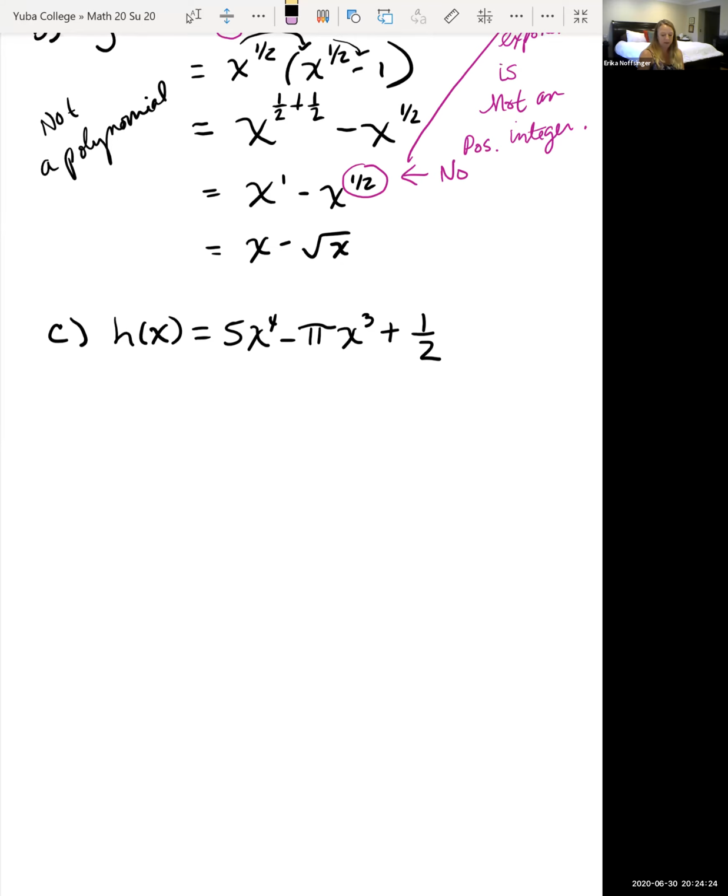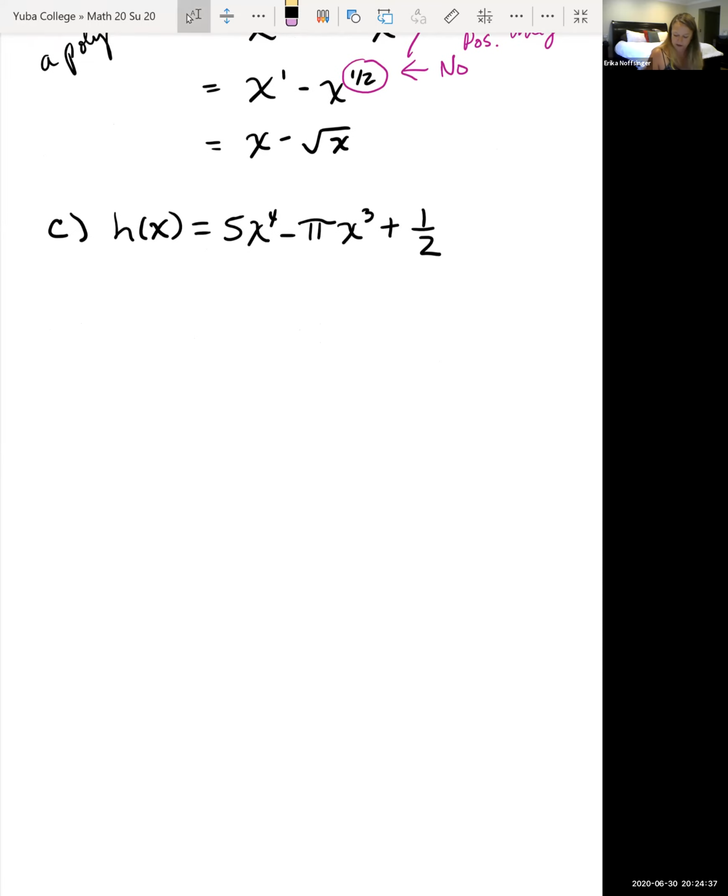So pi, 5 and 1/2, those are all real numbers. But we'll actually work with things that have complex numbers or imaginary numbers later. Okay. So yes, this is a polynomial. It's already written in descending order of powers.